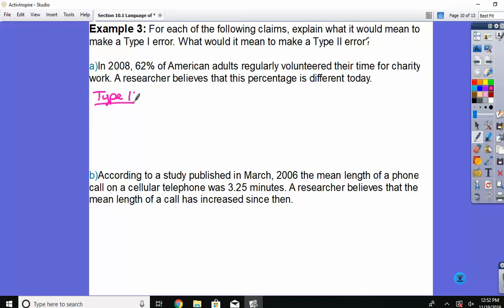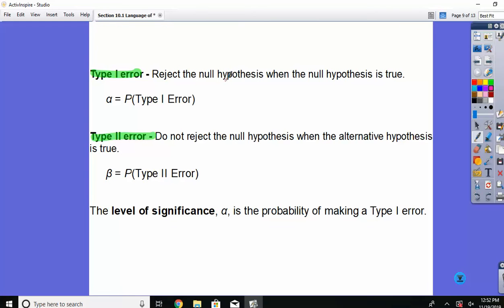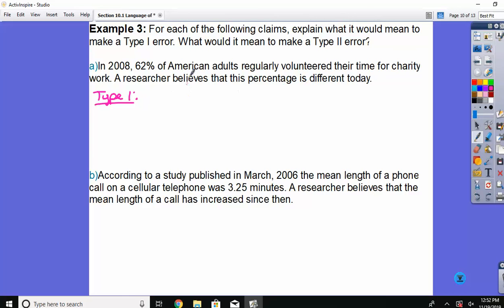So back to our example. In 2008, 62% of American adults regularly volunteered their time for charity. A researcher believes the percentage is different today. So type 1 error means we reject the null, but it was true. So it would be like the researcher concluding that the p was not 0.62 when it actually was.